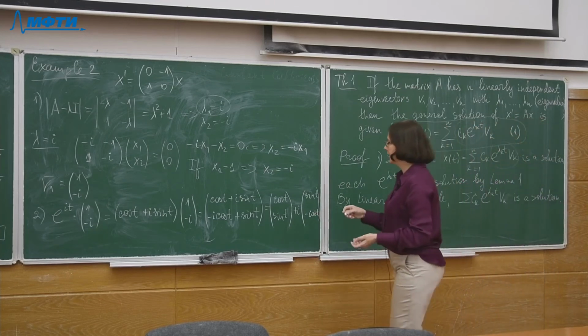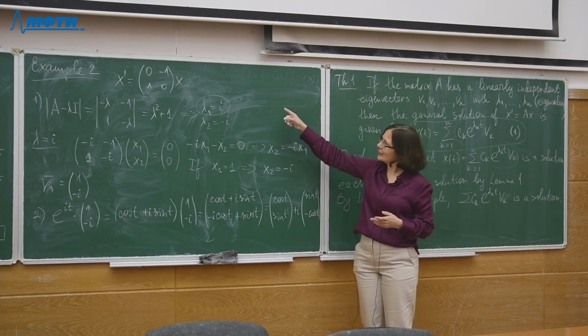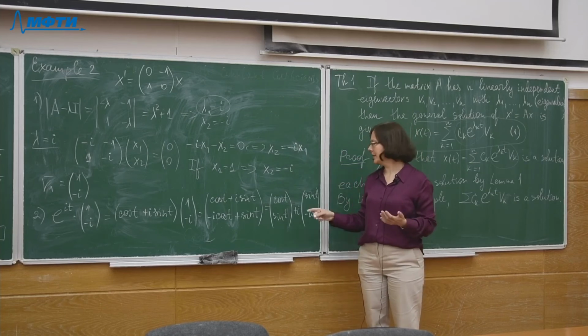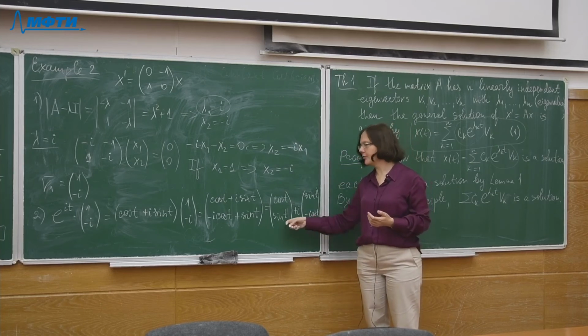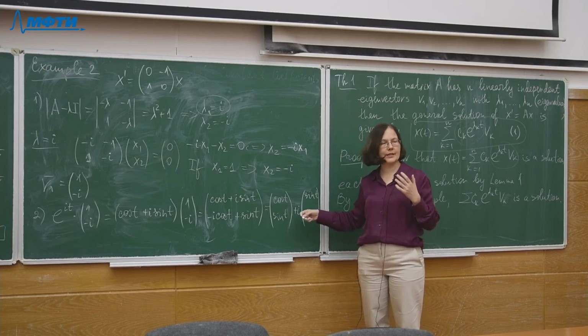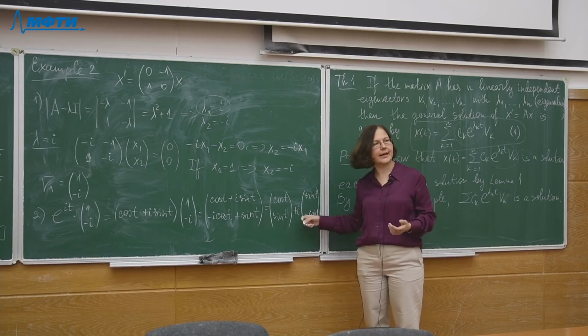Next, the answer to this differential equation will be the linear combination of these two vectors. So we take a linear combination of this vector and this vector.